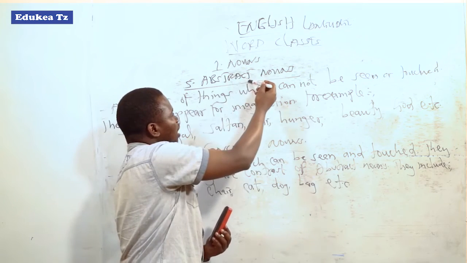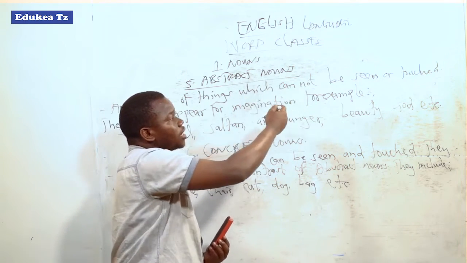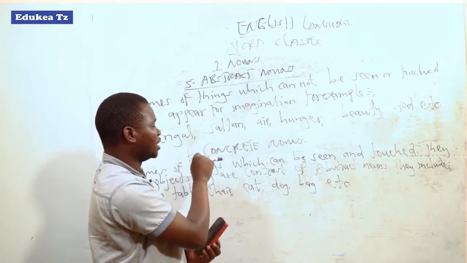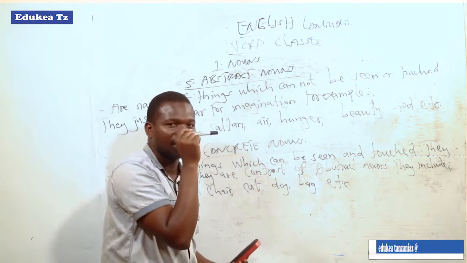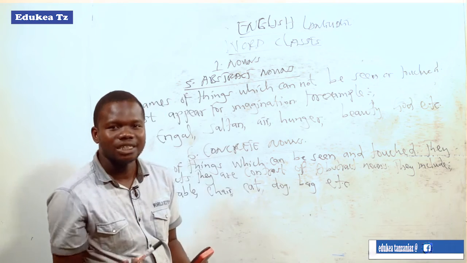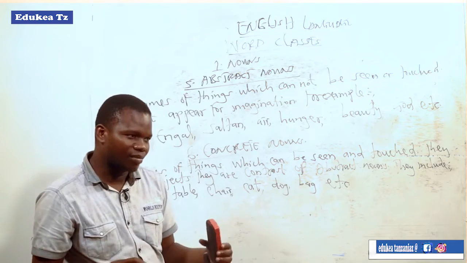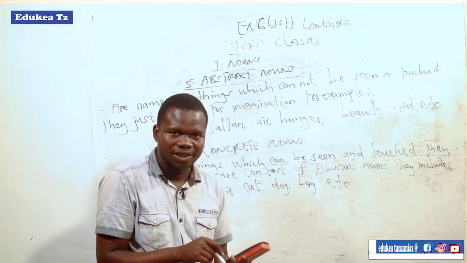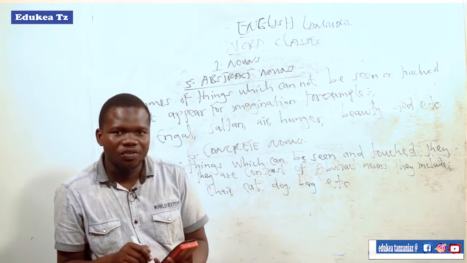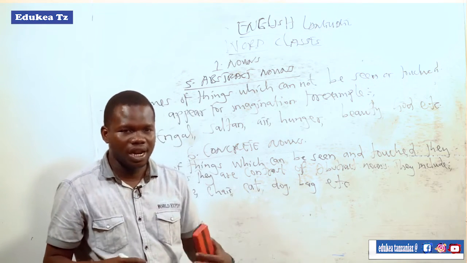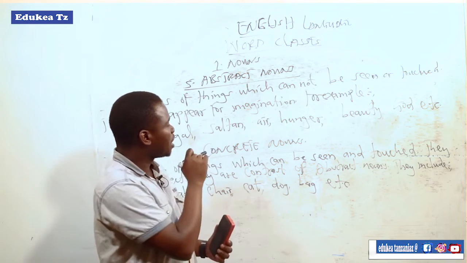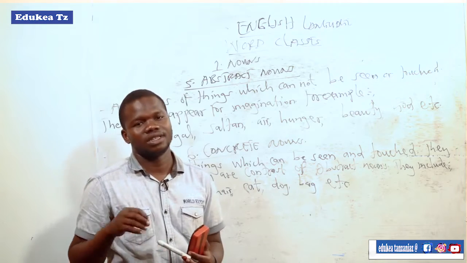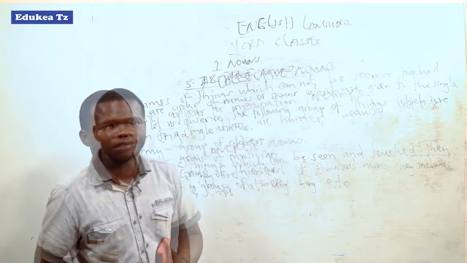These cannot be seen and touched, while the other type, that is concrete, can be seen and touched. So they are the same, like proper versus common, as well as countable versus uncountable. So again, now we have abstract versus concrete. So let us now finish with the last type of noun.